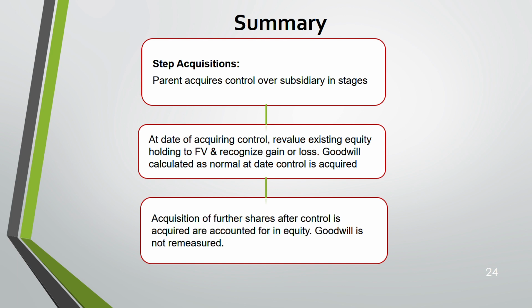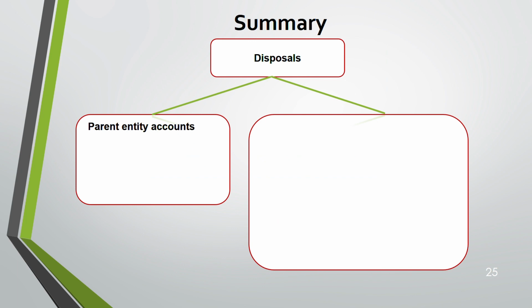Next, acquisition of further shares after control is acquired are accounted for in equity. Goodwill is not remeasured. You do not remeasure the goodwill. It is just accounted for in equity. Now, for disposal, it is similar. Parent entity accounts gain individually as proceeds minus cost.